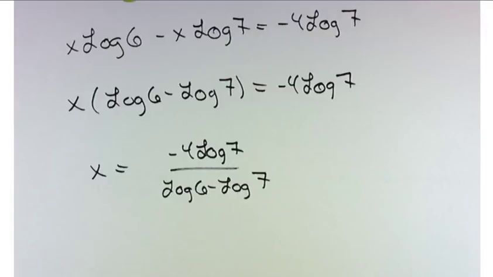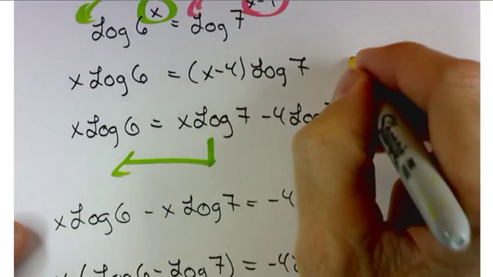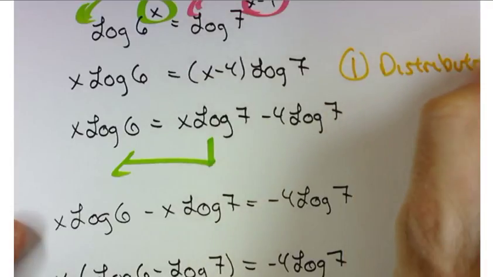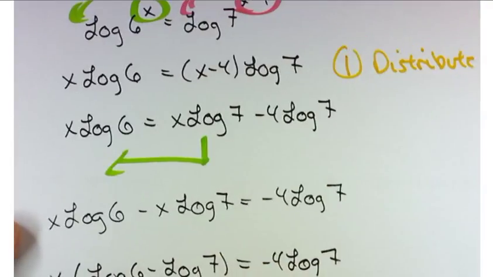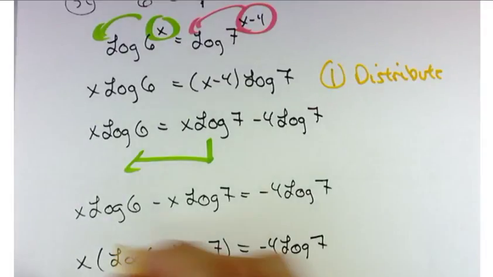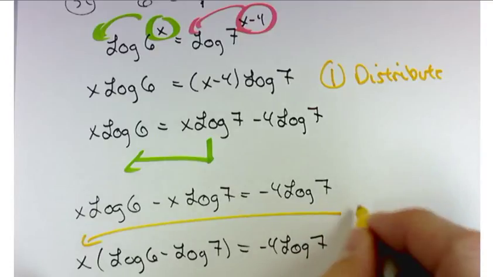First things first, though, let's look back at this problem. There was two steps that were crucial. The first one was here, where you had to distribute. That was one very important step. And the second step that was crucial was down here, where we had to factor out the GCF.